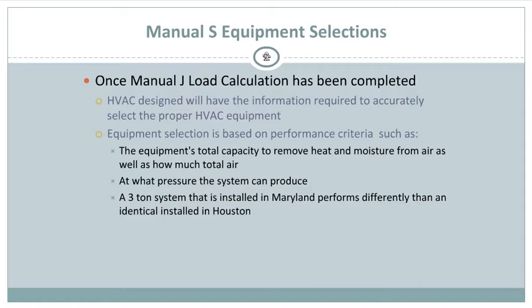So just remember that when you're doing that, because it'll ask you that in your checklist a little bit later on. Again, what's the pressure of the system? We talk about the systems, and sometimes heat pumps or whatever, the 3-ton. Remember, a 3-ton system up in Maryland is not going to work the same as a 3-ton system in Houston, where there's a lot of humidity and a wide temperature range. So you have to take all this into consideration when you're picking your equipment.